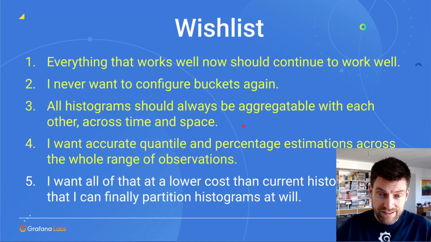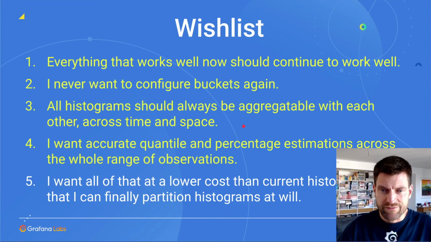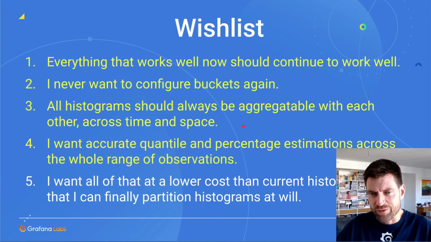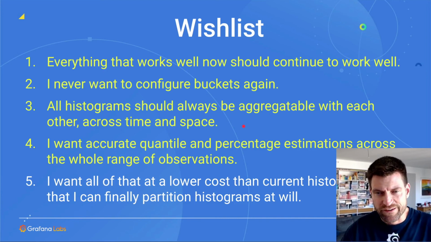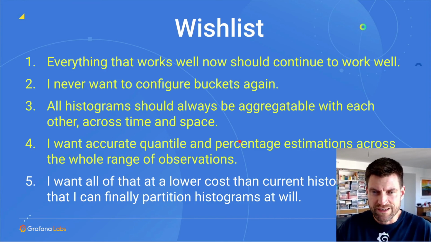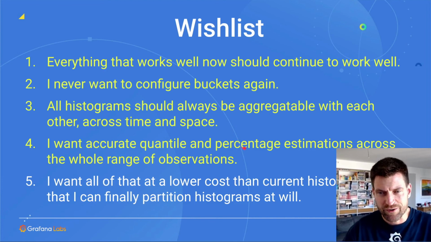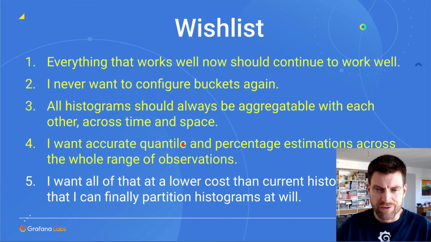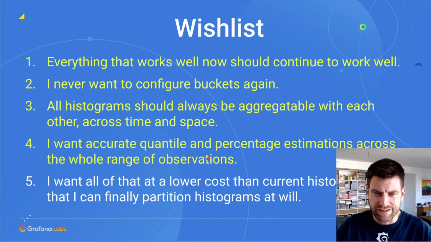Quantile calculations are fairly accurate with a resolution of 100. You have about 1% of worst case relative error, which is fairly good compared to what the industry is doing. A percentage has this one problem that you cannot really pick where a bucket boundary is, so you have some tiny error there.